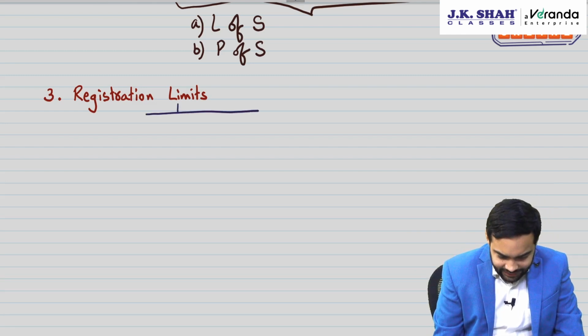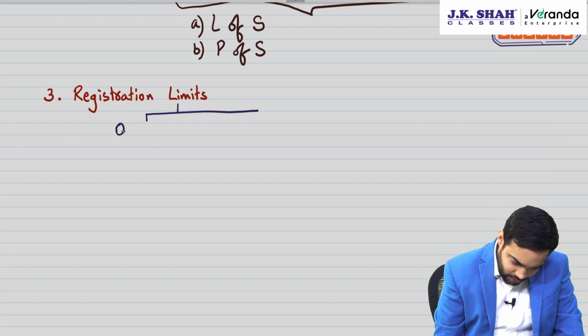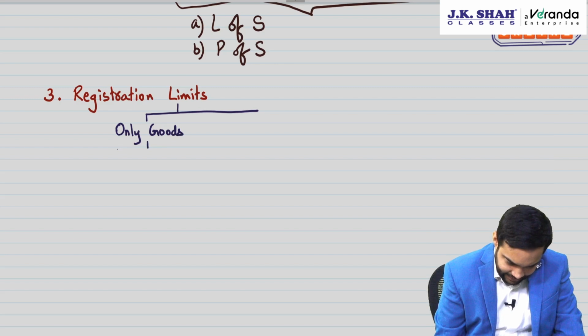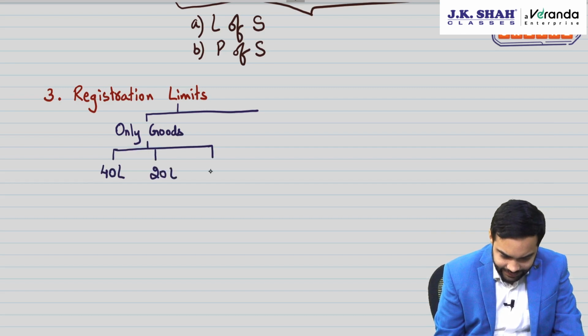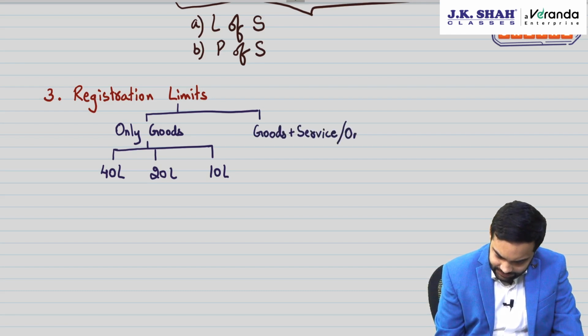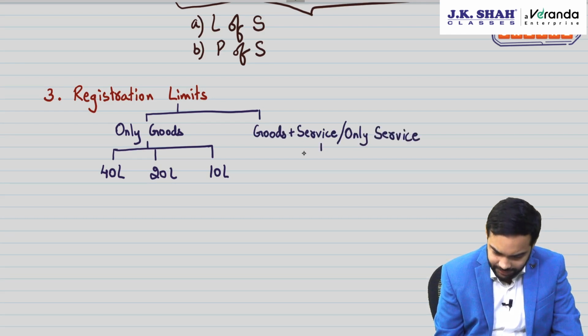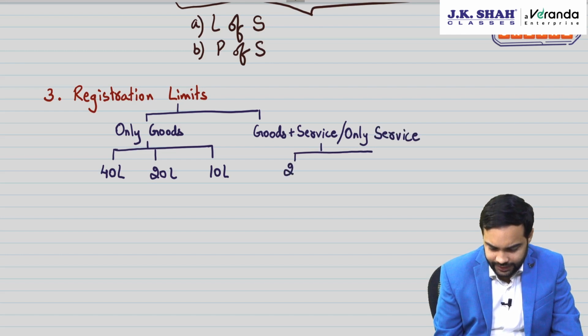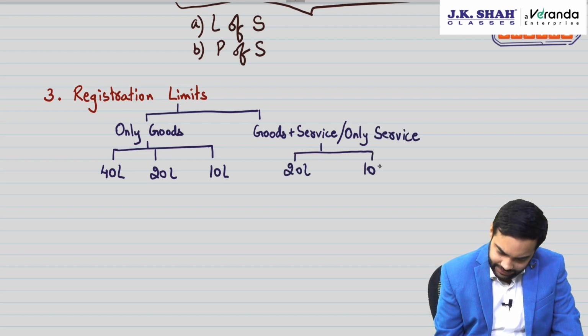Now, registration limit is divided into 2 baskets. If you are only dealing in goods, then there are 3 limits: 40 lakh, 20 lakh and 10 lakh. If you are dealing with goods plus service or only service, then in that case there are two limits, that is 20 lakh and 10 lakh.